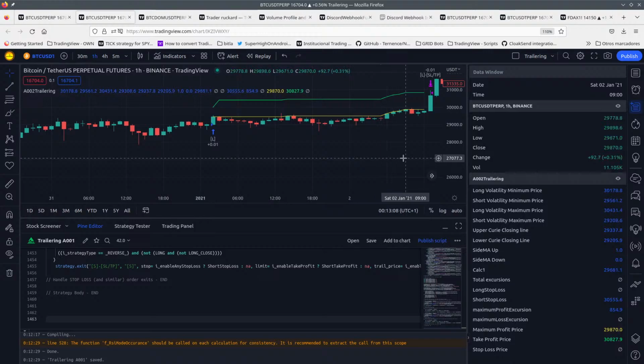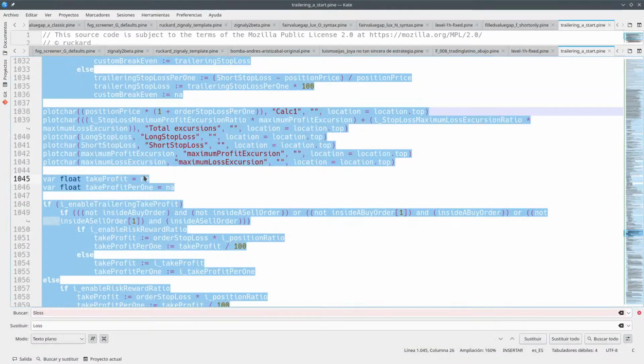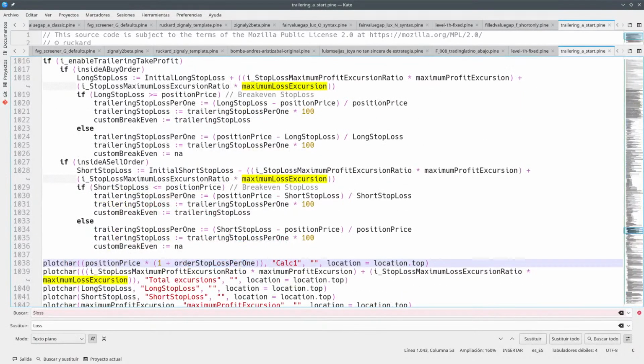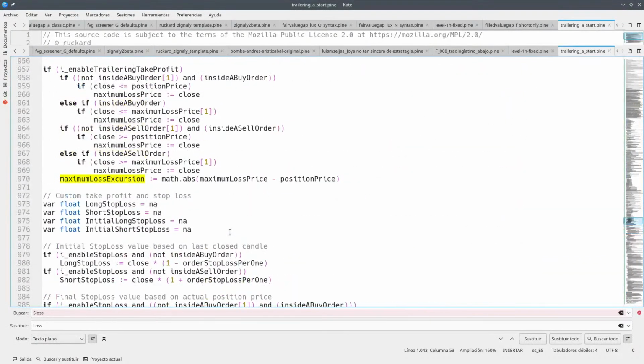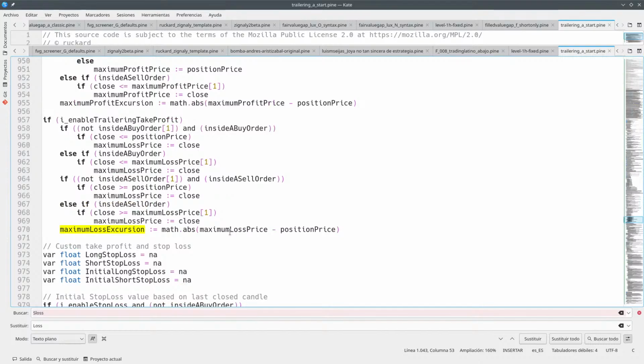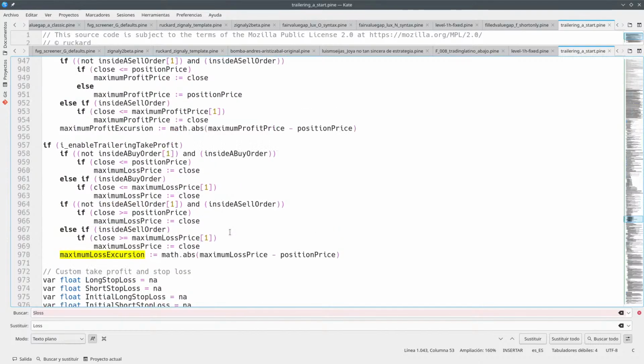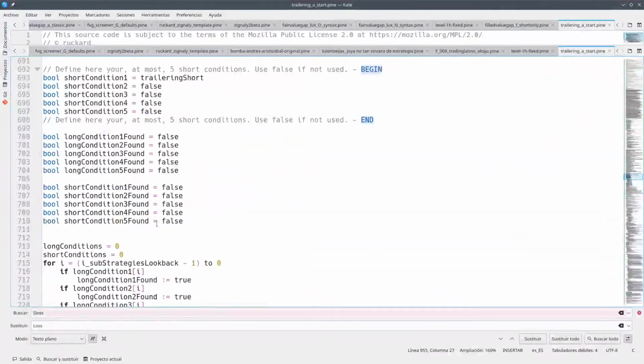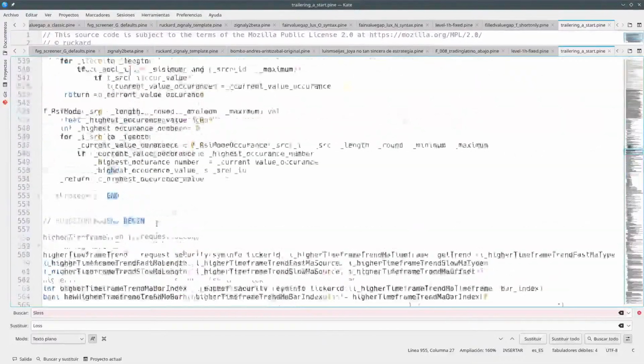So maximum loss excursion is a good candidate. This should be fixed the same way that maximum profit excursion was fixed, that was with 0.0, isn't it?